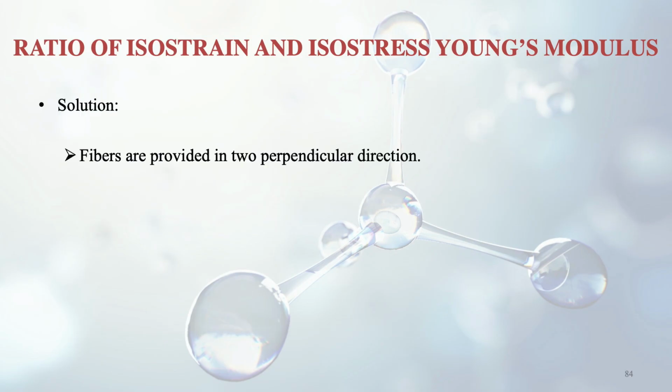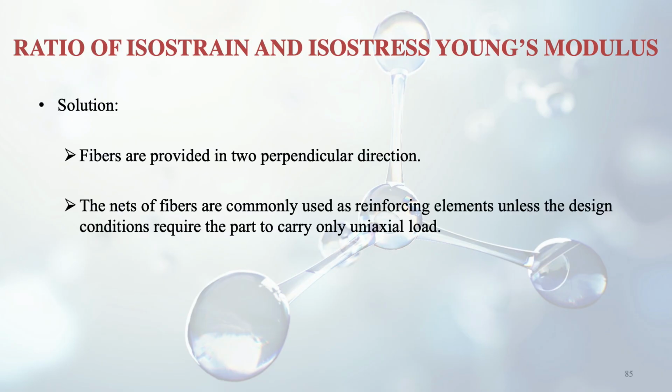The solution is that fibers will be provided in two perpendicular directions as told earlier to you, so nets will be formed. These nets of fibers are commonly used as reinforcing elements unless the design conditions require the part to carry only uniaxial load. Suppose the design has to be such that we want load only in one direction, then we don't use these; otherwise the nets of fibers will be used.